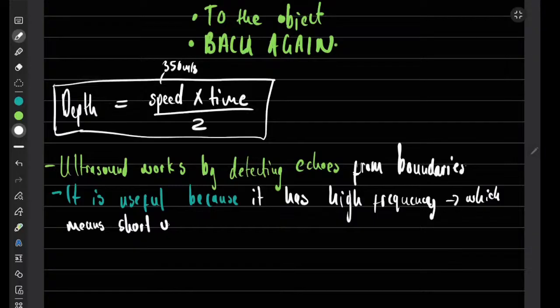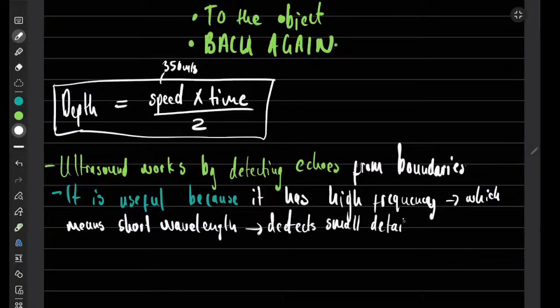You have to know when your frequency is high, your wavelength is short. If it is short wavelength, that means it detects small details. It detects small details. Okay?